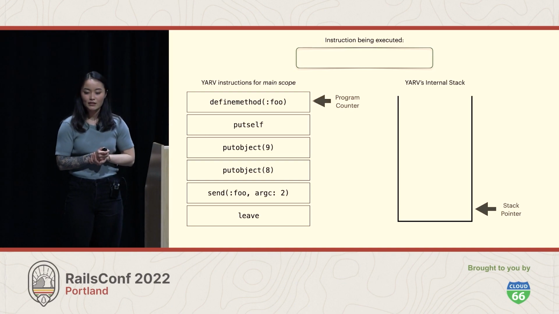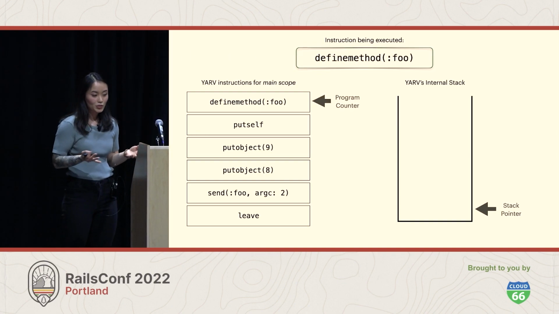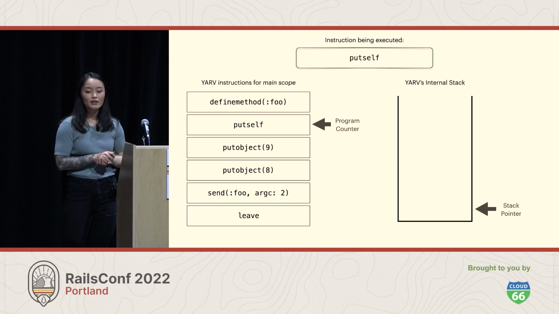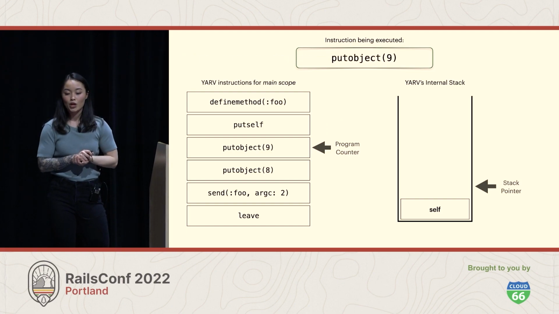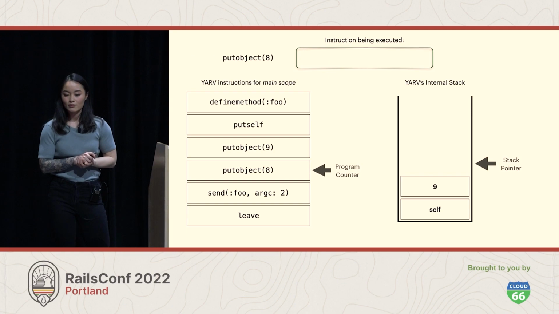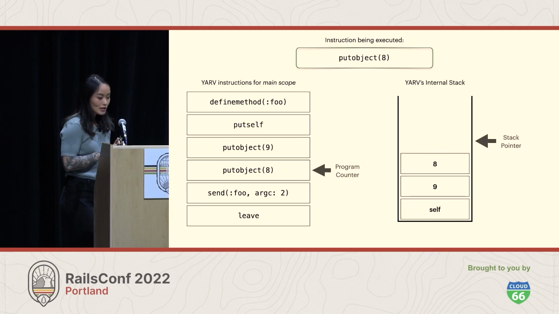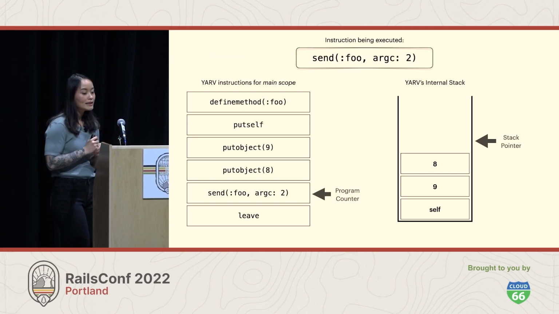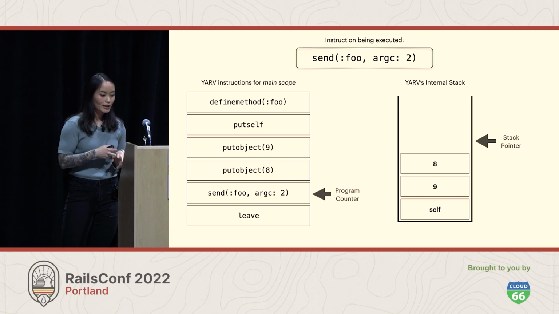The first thing is definemethod foo, which registers foo in the method lookup table. Then we do the same thing as before, which is putself. So we push self and putobject 9, which pushes 9 onto the stack, and then 8. This is where it gets interesting. This send instruction is to the method foo with 2 argument counts.